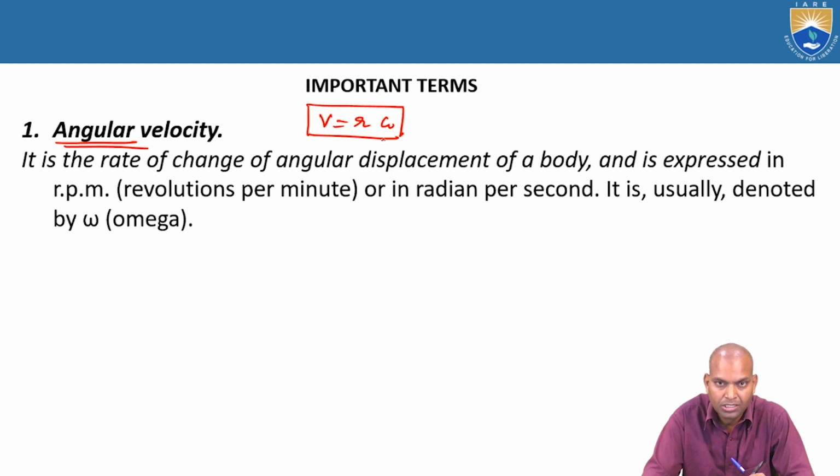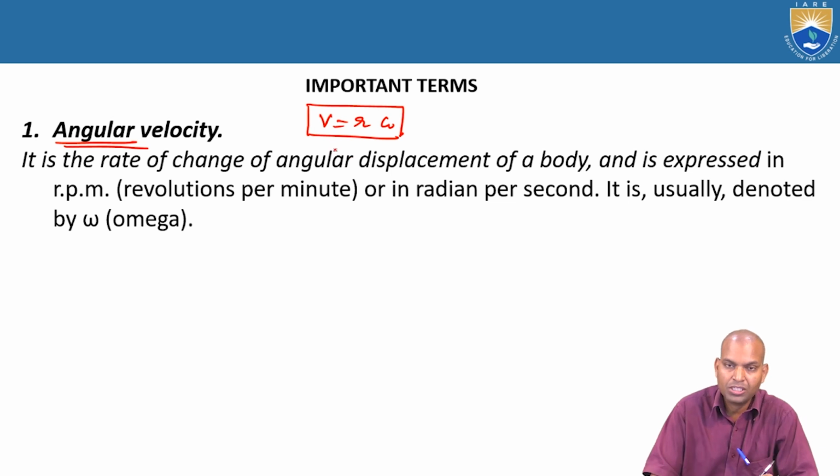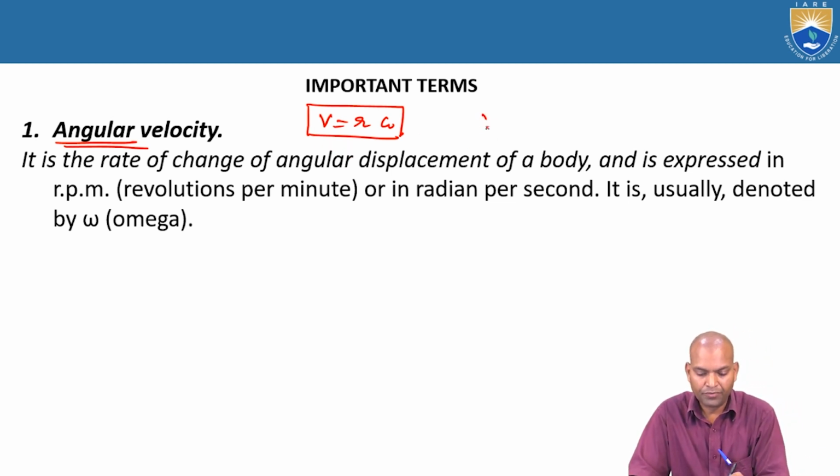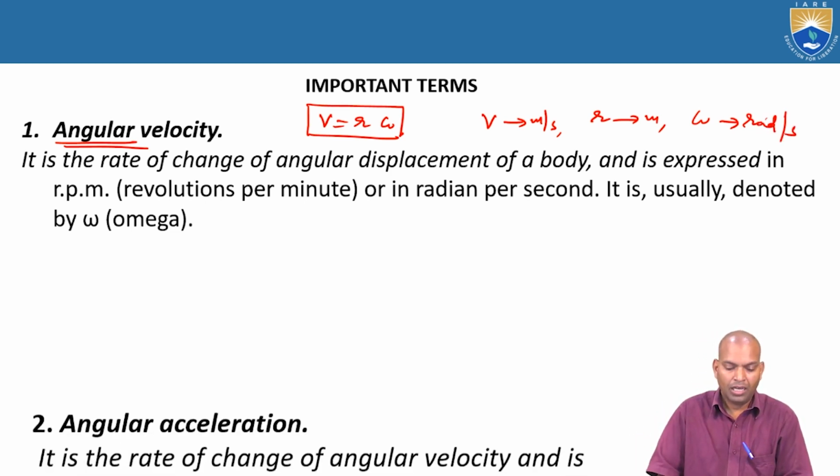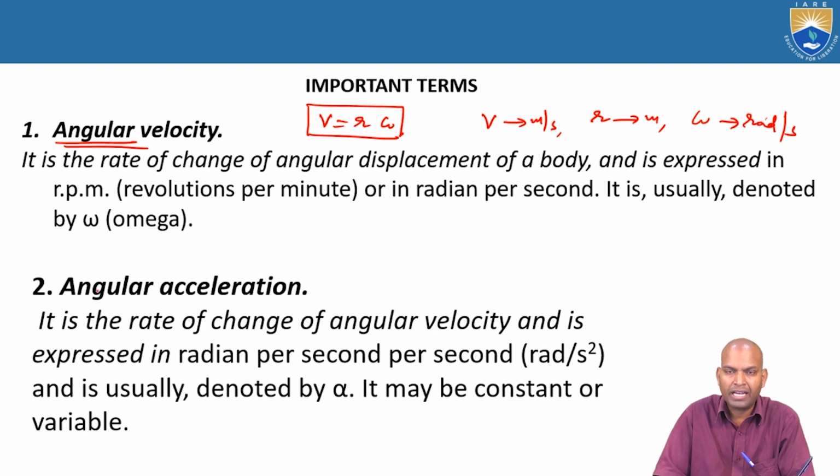The unit for v is meter per second, r is in meters, and omega is in radians per second. The next term is called angular acceleration.